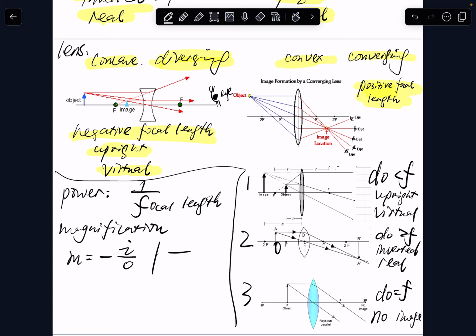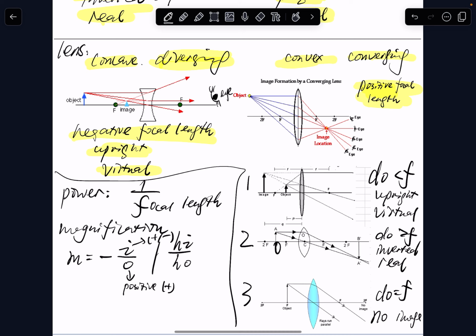Or another equation is the height of the image over the height of the object. We see that there's this negative sign here, right? The object distance o is always positive. This i can be positive or negative.